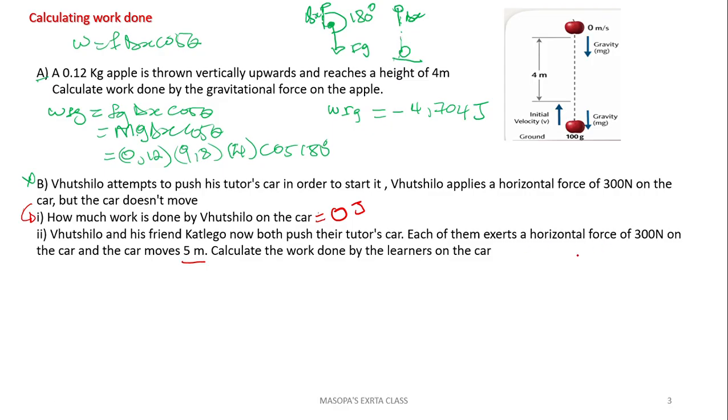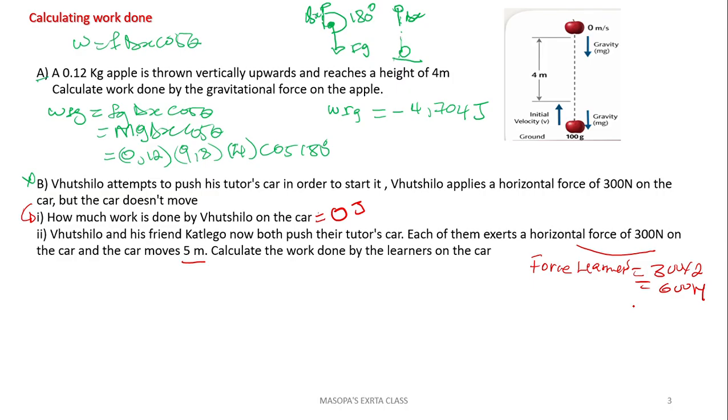So first thing, each of them exerts a force, so the total force will be 300 times 2, which is 600 newtons.